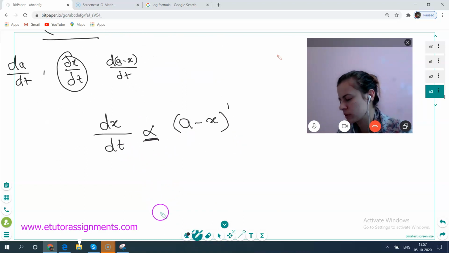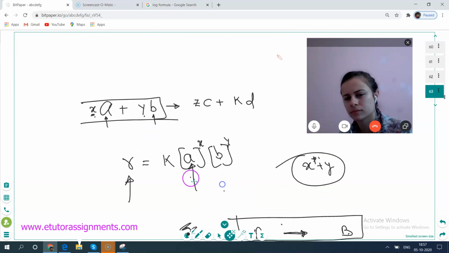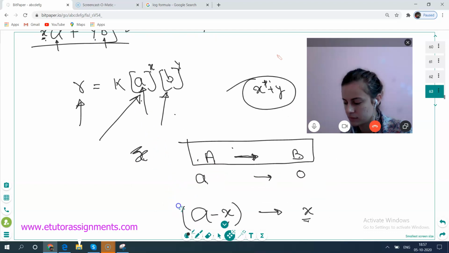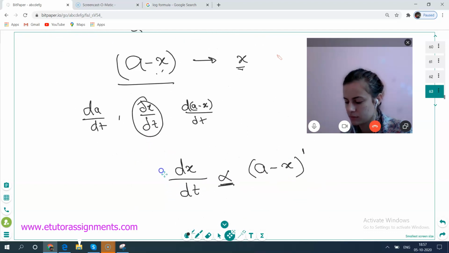Because I told you in the beginning also, the rate of the reaction depends on this. Since it is a first order reaction, I have written 1 here. Agreed or not? Please tell me.